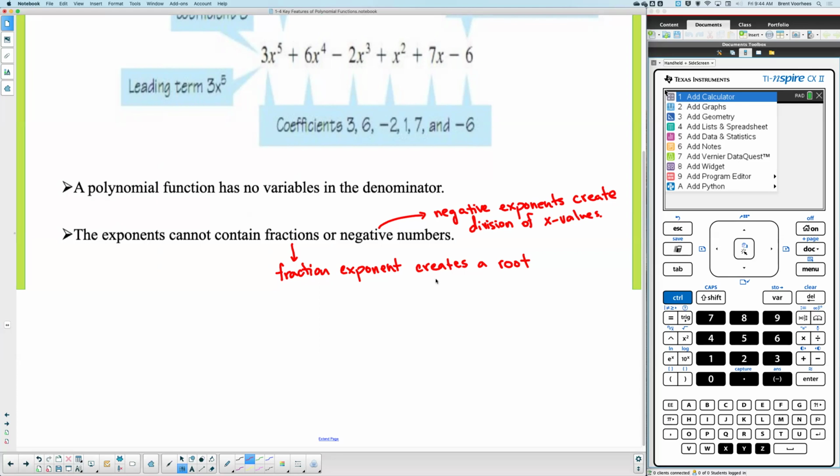So that's why polynomials cannot have negative exponents, nor can they have fraction exponents, because that's what would create a root, that's what would create a division, and then we'd call it something different other than polynomial.